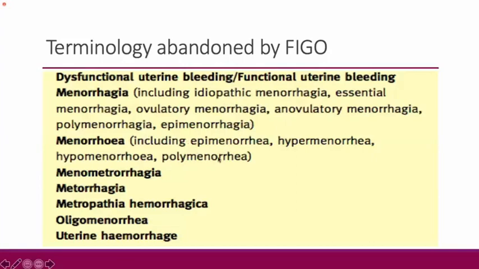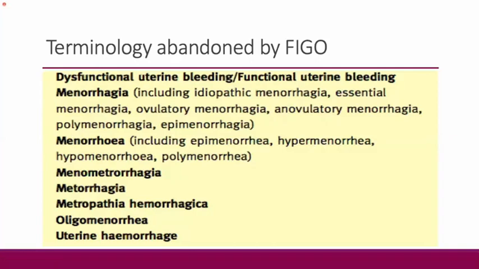When we were small, like you, I remember the lecture being done, and we were supposed to memorize all these words: menorrhagia, menometrorrhagia, dysmenorrhea, oligomenorrhea. So many names, including anovulatory cycles, epimenorrhea, hypermenorrhea, hypomenorrhea, polymenorrhea. All these names were there.